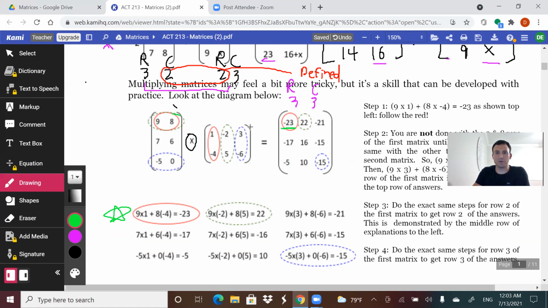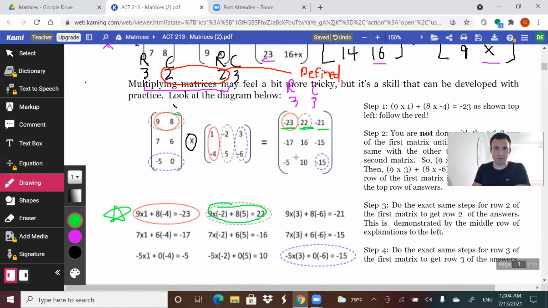So now we filled the first spot. We have to fill the second spot now, and then the third spot, all with this first row right here. So we go 9 times -2, 8 times 5, that's -18, 40. So we're going to end up with 22. And that's what's being shown right here.